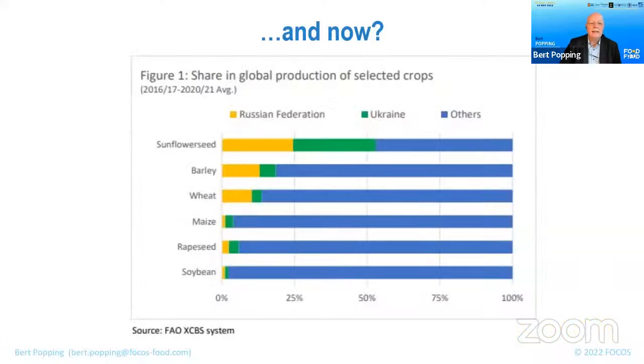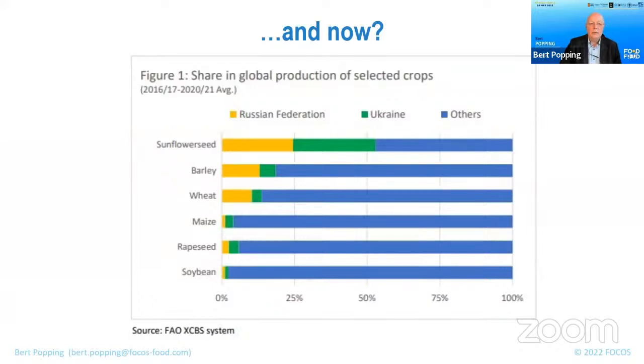And here you can see, we're just looking at what the Ukraine and Russia produce. And when we look at the sunflower seed, so basically the oil and the cake that is produced from them, Russia and Ukraine produce more than half of the global quantities.